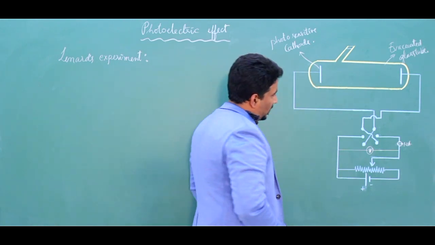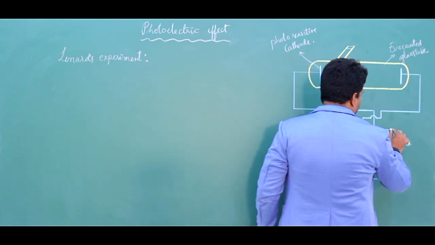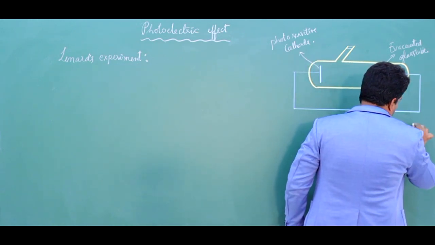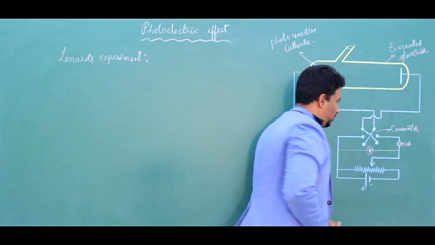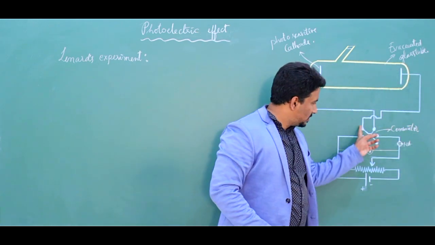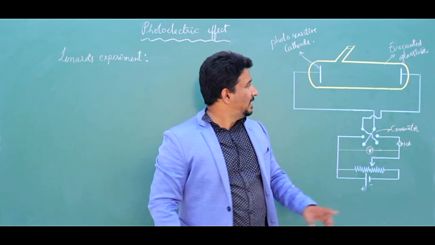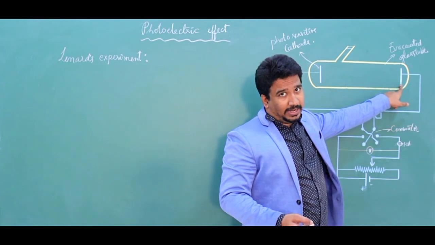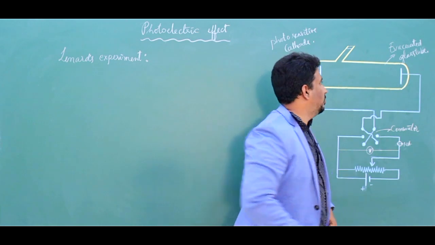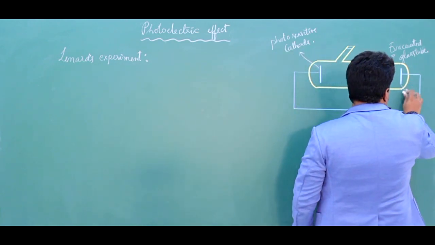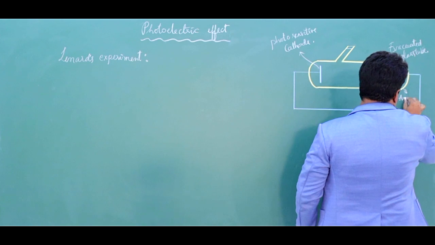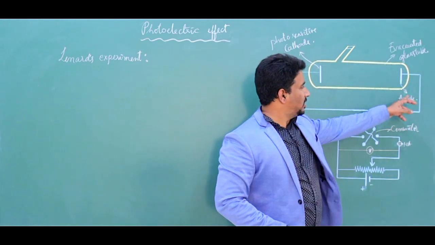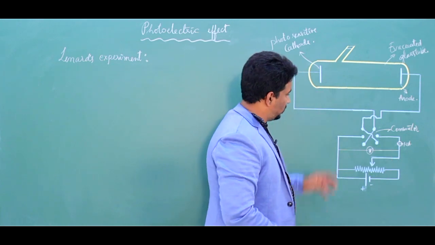Okay, now this is the commutator. What is the use of the commutator, sir? See, this commutator is used to change the positive or negative terminal given to the anode. So this terminal is the anode. We charge this electrode positive or negative with respect to the cathode.